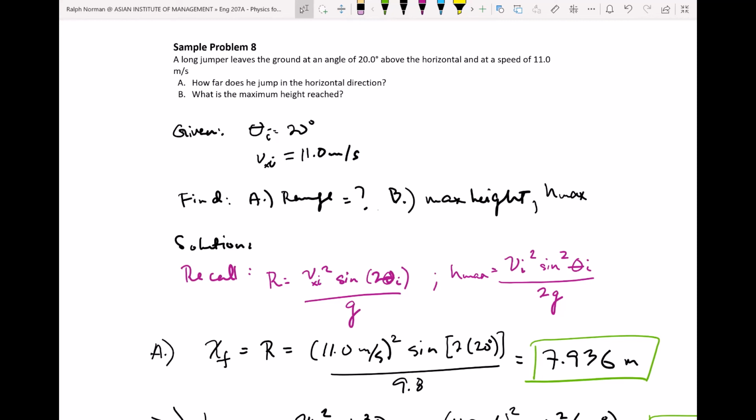It's actually fast. We're asked: A, how far he jumped in the horizontal direction, aka the range. You could also say that's the final position from the initial jumping point. And B, what is the max height, or H max?